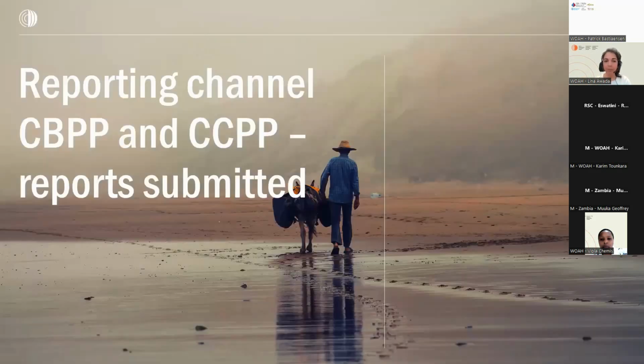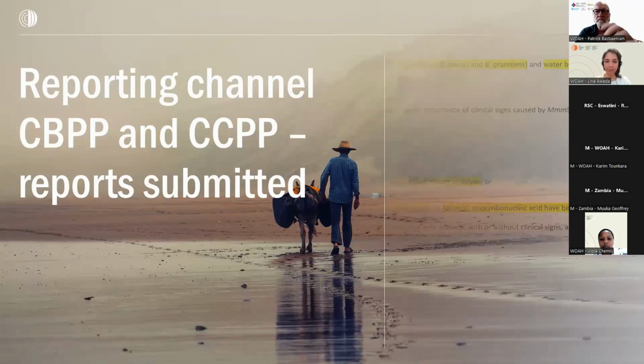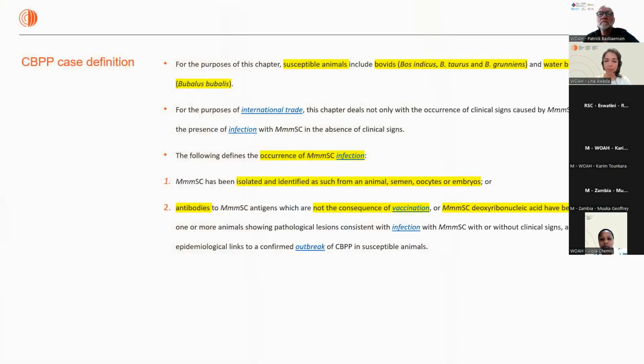And now I will present the situation more specifically for CBPP and CCPP. So first, we ask countries to notify information, of course, but everything starts with a case definition. And this case definition is provided in the Animal Health Codes of WOAH, the standards of WOAH. For the purpose of the code, first we have the host species of interest that are defined in the standard. So they include, for CBPP, bovids and water buffalo.